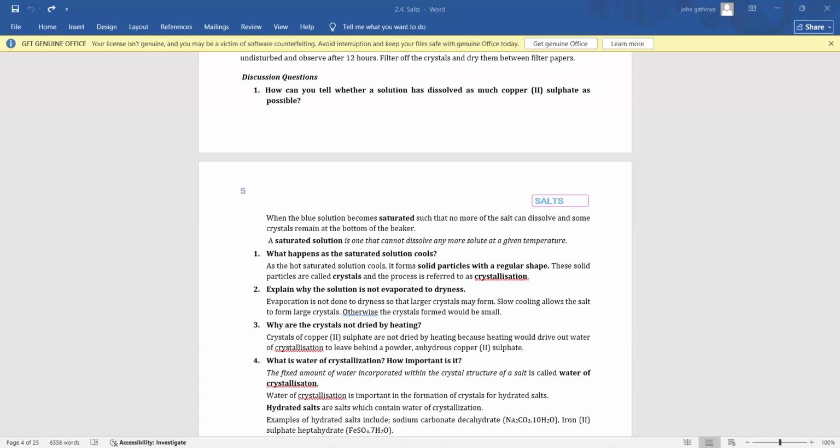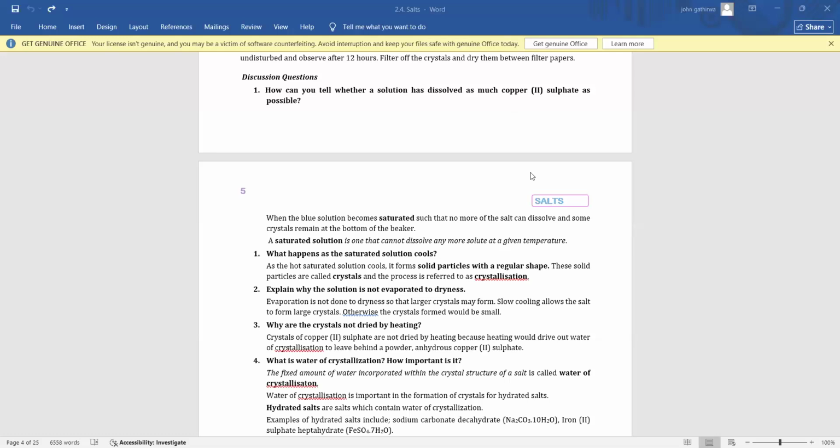If you have a mixture of barium sulfate and lead 2 chloride, what property will enable us to separate the two?